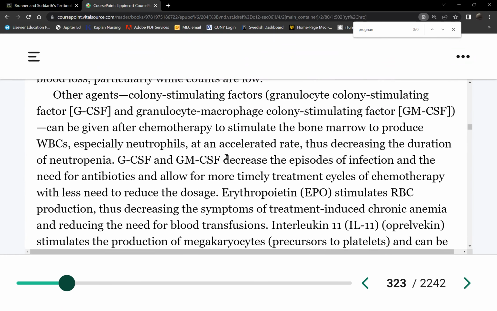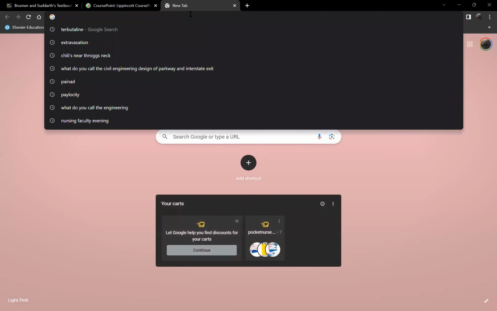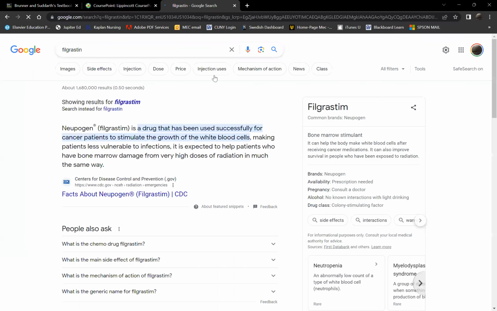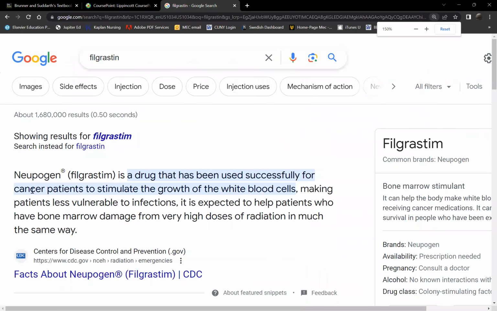So that's one. Another, the counterpart of erythropoietin for white blood cells is called filgrastim. Filgrastim is called Neupogen. Neupogen is the brand name; generic is filgrastim.